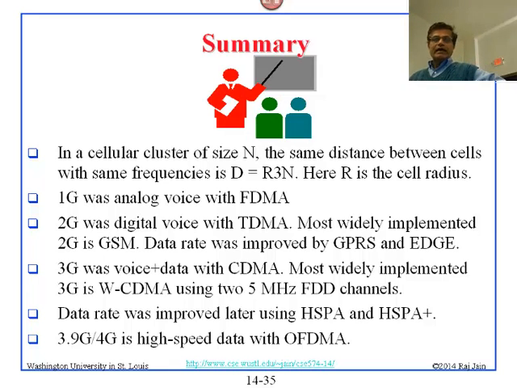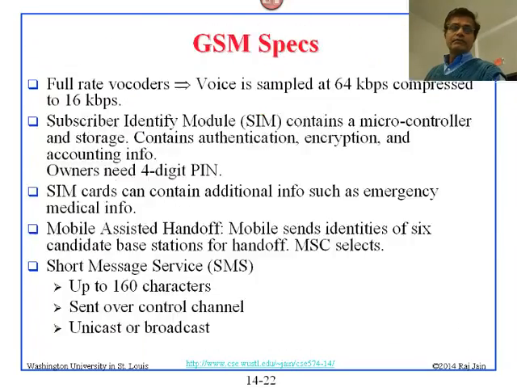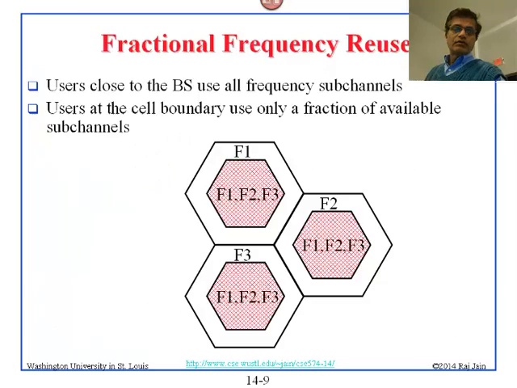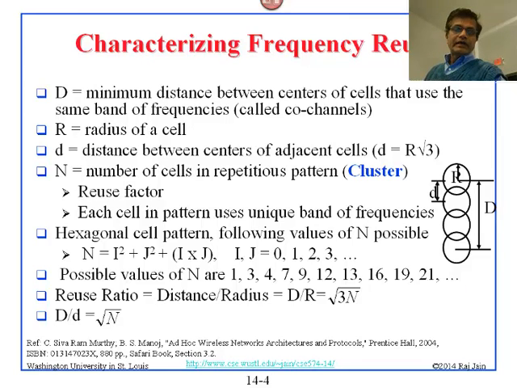Right? R is the cell radius. D is the distance between the centers of the cells. By the way, D upon R also has a name which you need to know. D upon R is called reuse ratio.